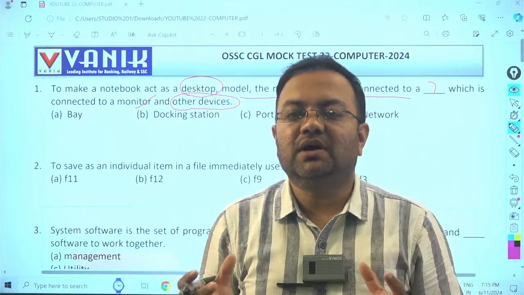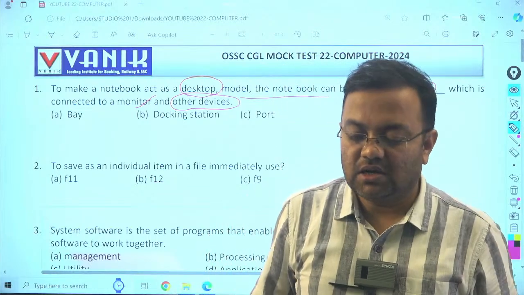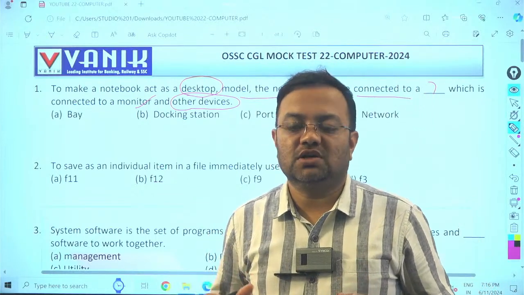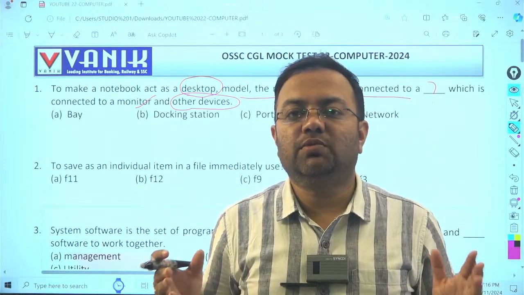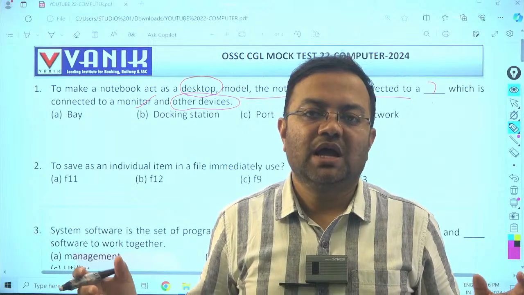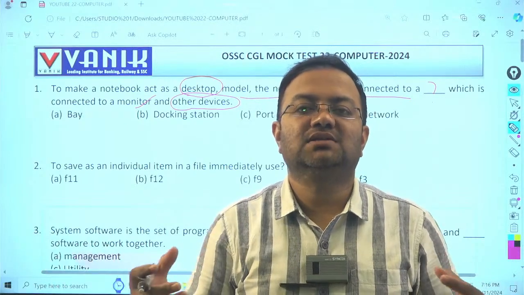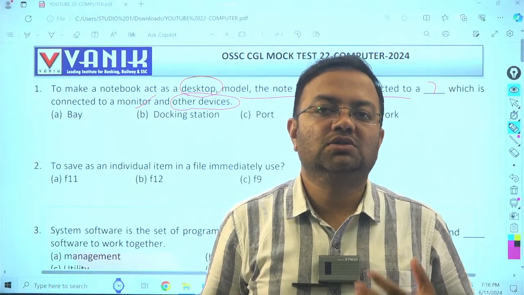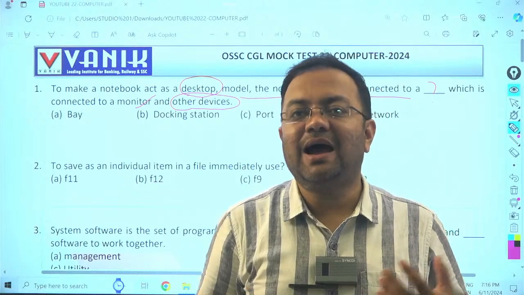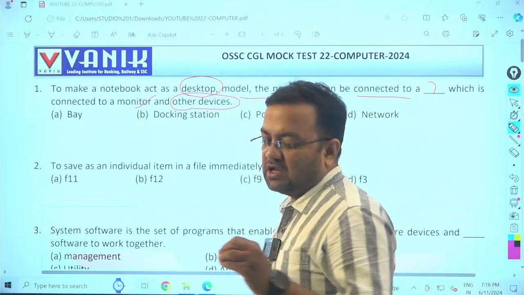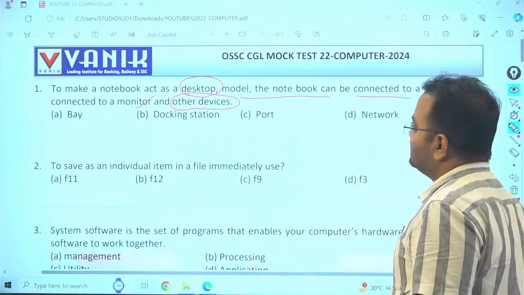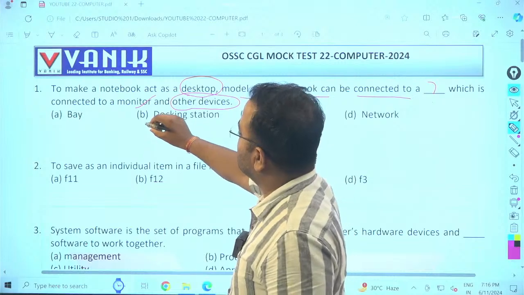So there is a device known as docking station. So we can use the docking station, and when it is connected to our laptop, it will provide multiple ports, and through these ports all the external devices, all such type of peripheral devices or add-on components can connect to our computer system. So very popular question. Question number 1, answer is B, docking station.